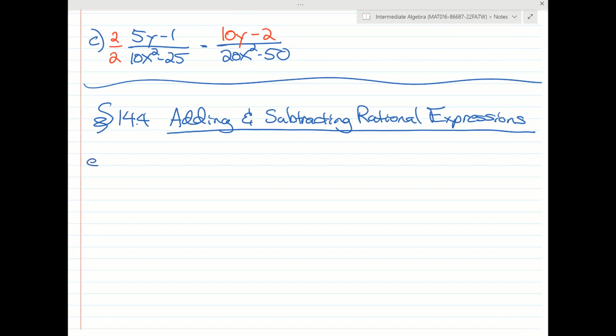All right, so the directions are just going to be simple. I'm just going to ask you to simplify the following.